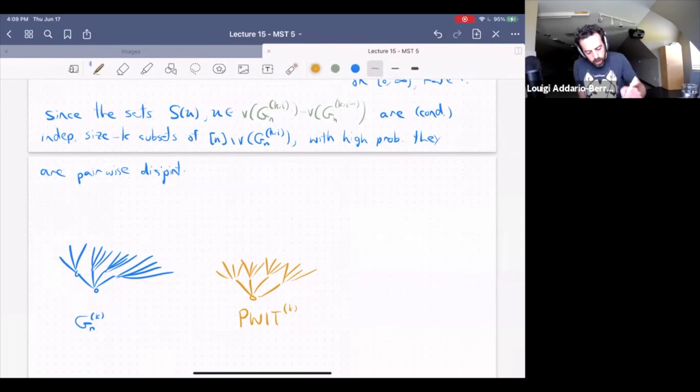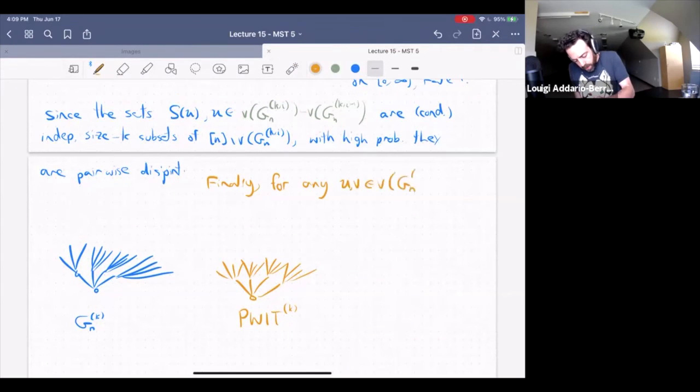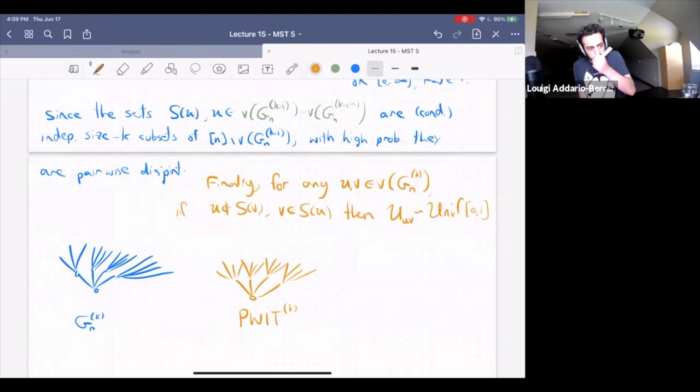Okay, so finally, if I look at any vertices U, V in this G_n,k, if you're not looking at a blue edge, so if U is not an S_V and V is not an S_U, then this edge weight is still, even conditionally, a uniform 0-1 random variable.